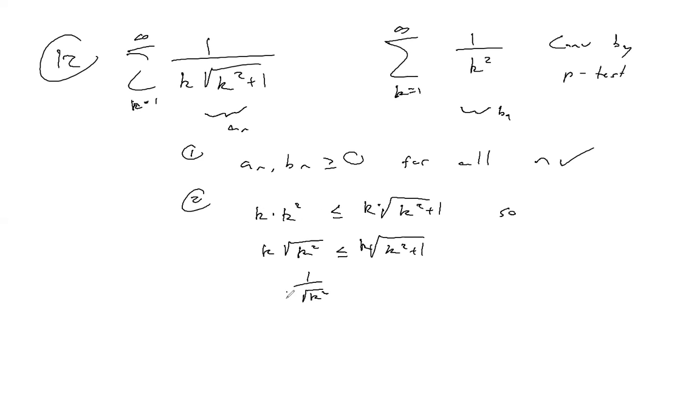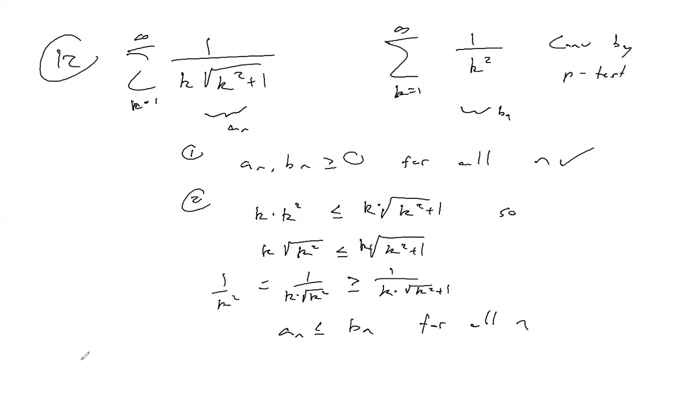And then the inequality flips here. Okay, so what do I have? This is my stuff on the left side. It's less than or equal to the stuff on the right side, right? All right, so I'm good. So I got an is less than or equal to bn for all n.